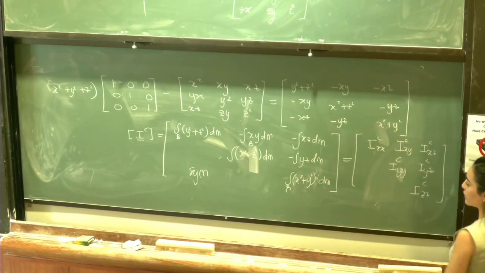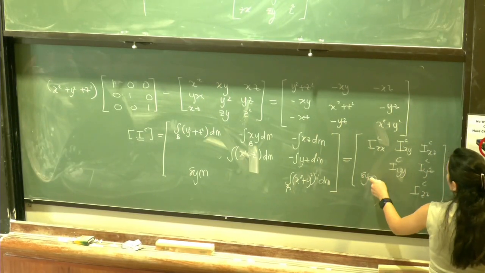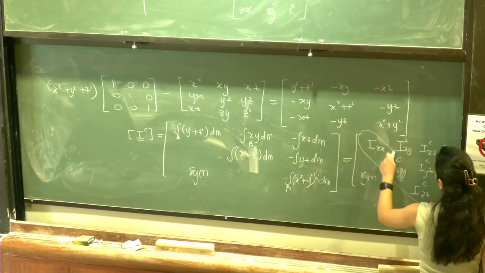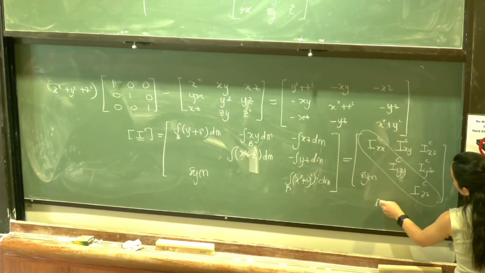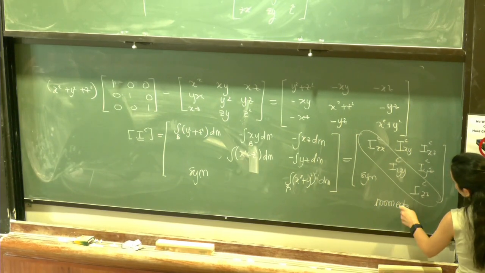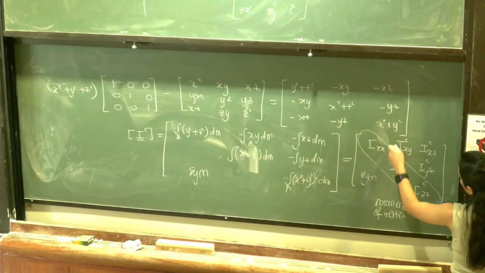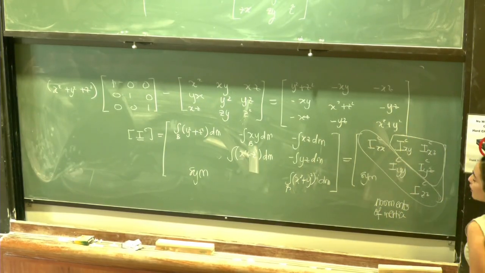And it's symmetric. Same thing on this side: yx and xy are the same. So these diagonal terms are called the moments of inertia, and the off-diagonal terms are called the products of inertia.